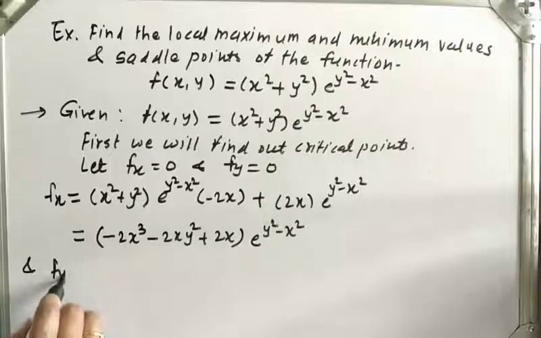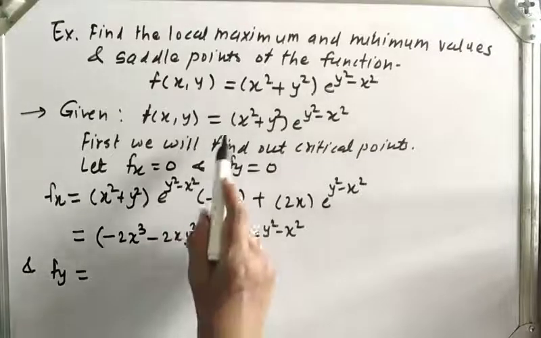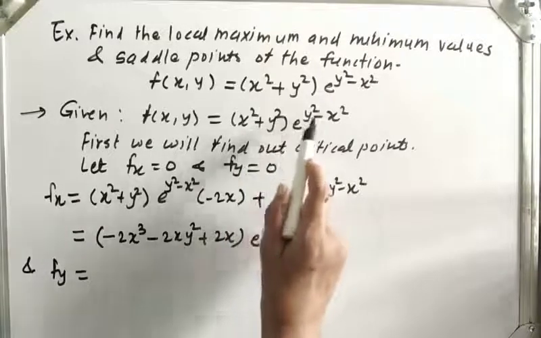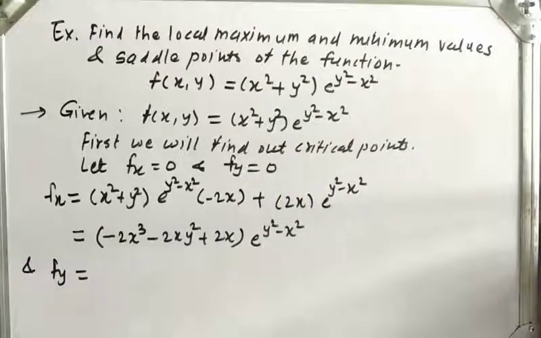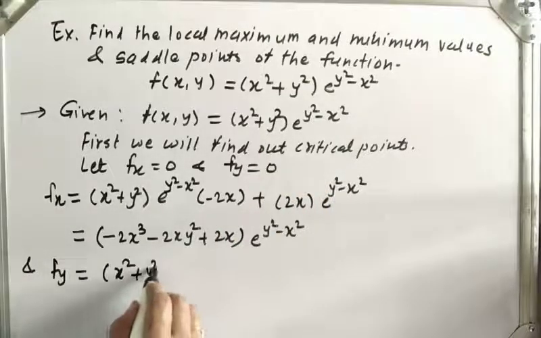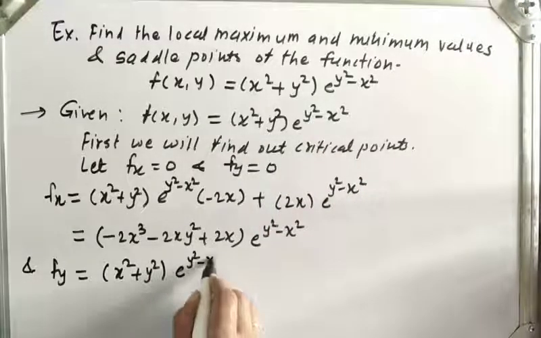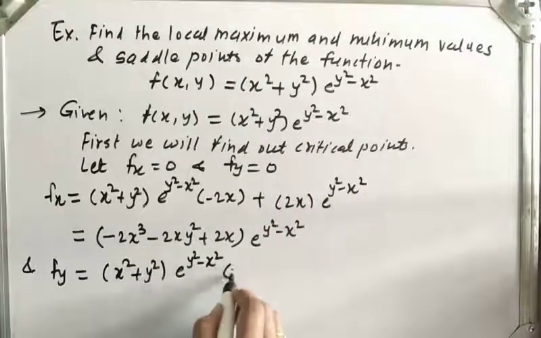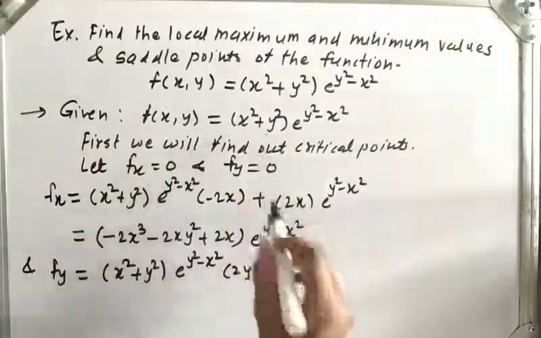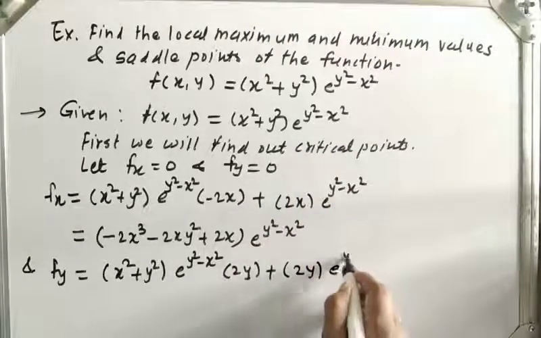And what is fy? This is our f, derivative with respect to y. Here is y, here is y. Here also we need to use the u into v rule. So keep x² + y² as it is, times the derivative of e^(y² − x²), which is again its derivative 2y, plus the derivative of x² + y² with respect to y, which is 2y. The second term as it is.